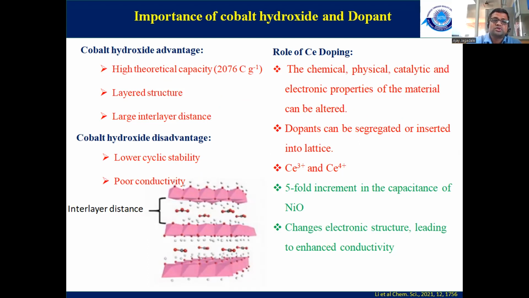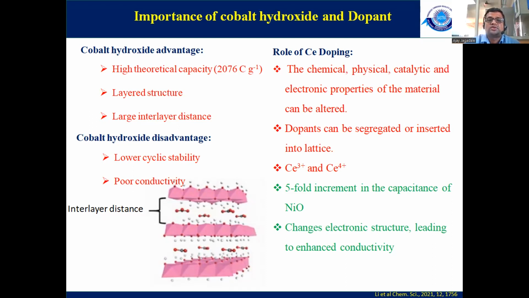So in order to improve its poor conductivity and cyclic stability, we chose to dope alpha cobalt hydroxide with cerium. And why did we take cerium? Any dopant, if you introduce it into a material, changes its chemical, physical, and catalytic properties. Basically, the electronic structure of the material changes, and therefore we decided to use cerium as a dopant.